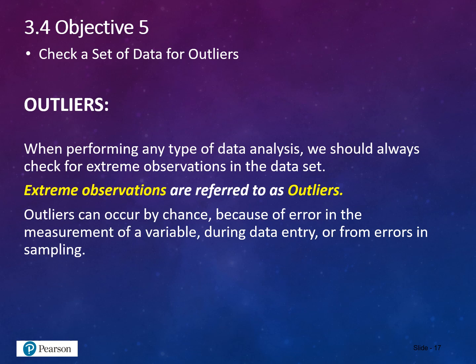Outliers. When performing any type of data analysis, we should always look for extreme observations in the data set, numbers that are really outside kind of what the bounds are, either really high or really low compared to most of the answers. Extreme observations are referred to as outliers. Outliers can occur by chance because of error in the measurement of a variable.